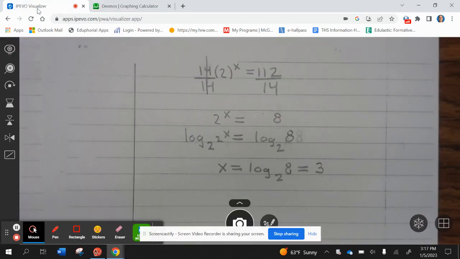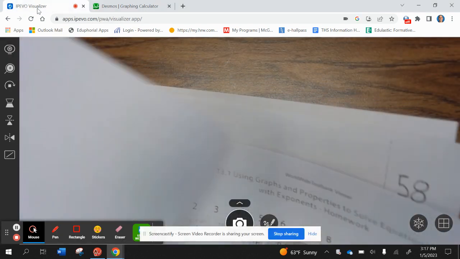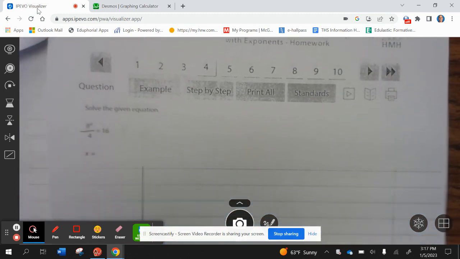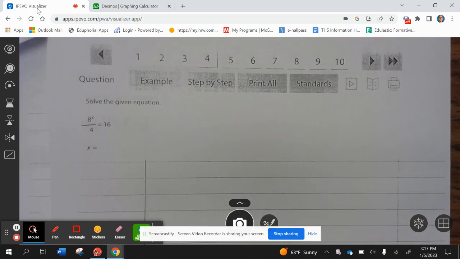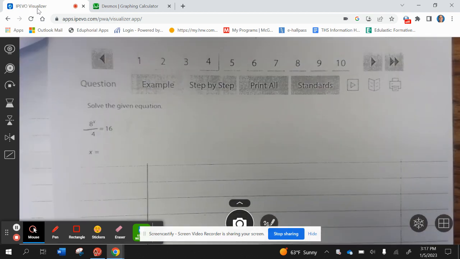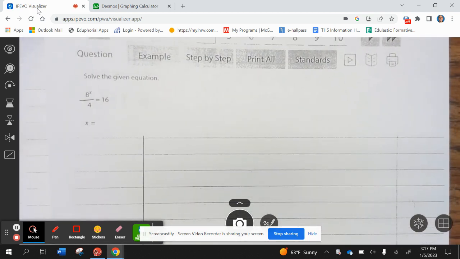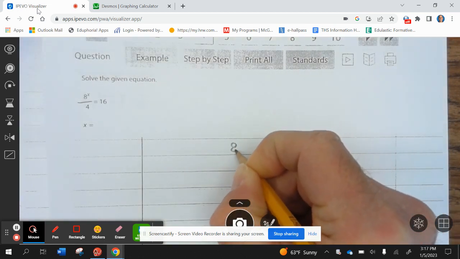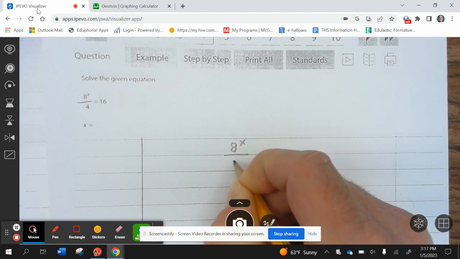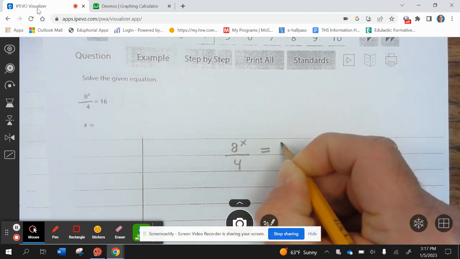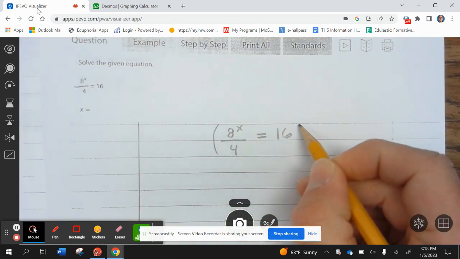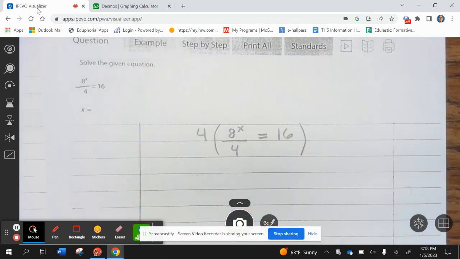All right, so let's go back to our next example. So here we have 8 to the x power divided by 4 equals 16. Now what we need to do is multiply both sides by 4.